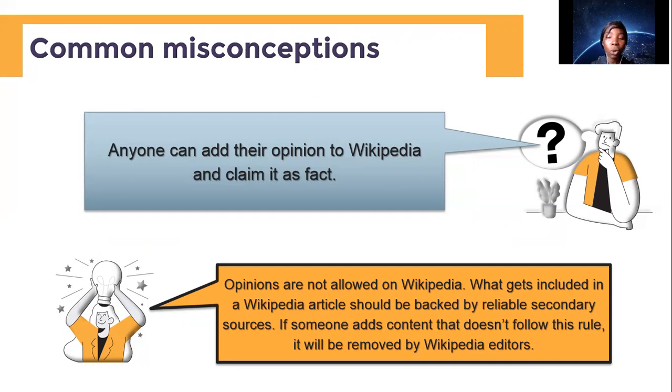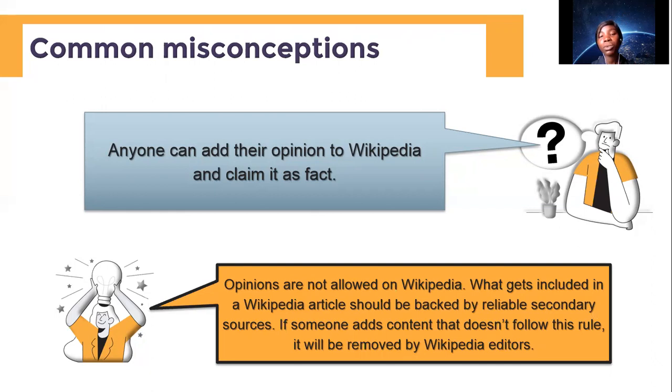What gets included in a Wikipedia article should be backed by reliable secondary sources. That is to say, whatever information you're adding on Wikipedia must be backed with reliable sources. So it's not just an open ground where you can come and dump any information you see online, like we have on social media networks. No, Wikipedia is totally different.